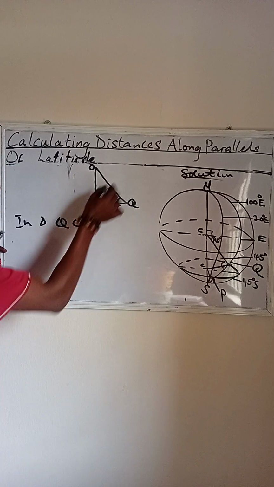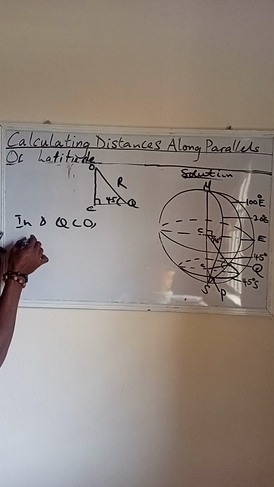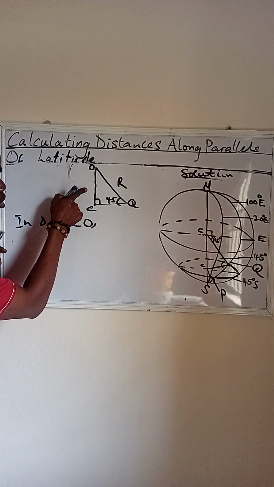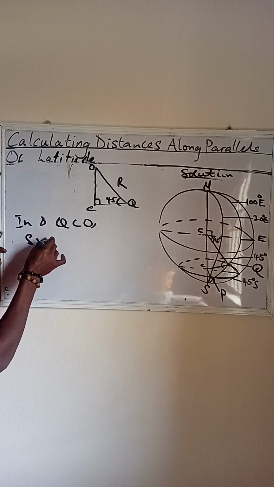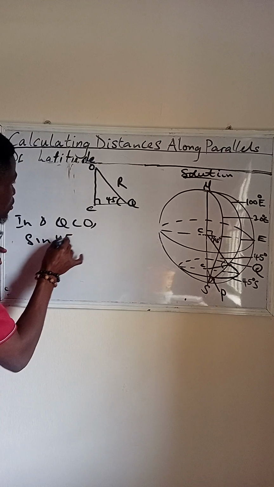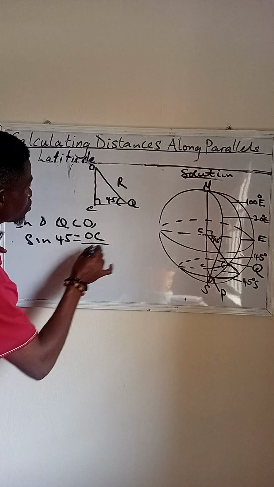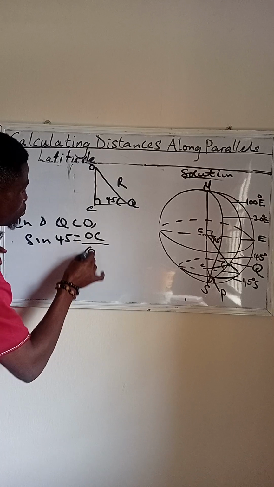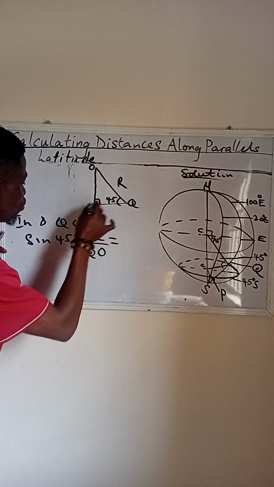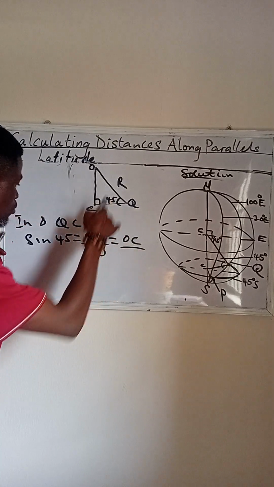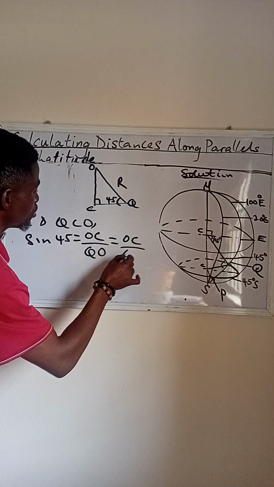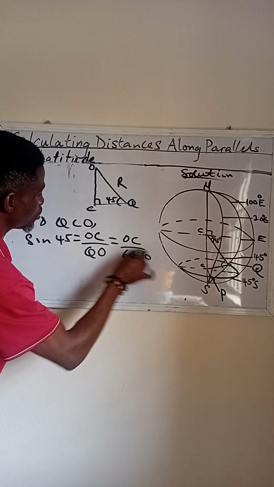Here is your R. So it's going to be opposite over hypotenuse, which is sine. We have sine theta, which is 45 degrees, equal to OC over QO. Your OC is what we are looking for. We don't know OC there, over your QO, which is 6,400 kilometers.